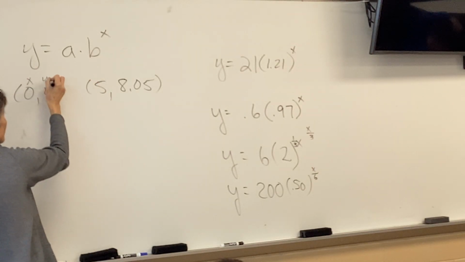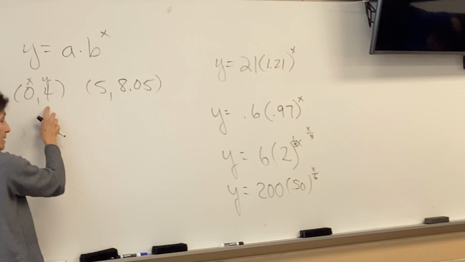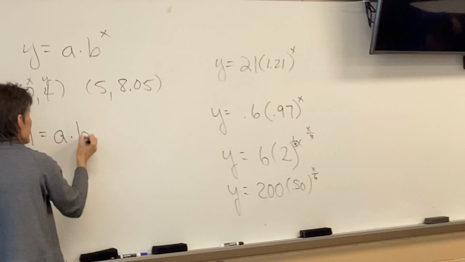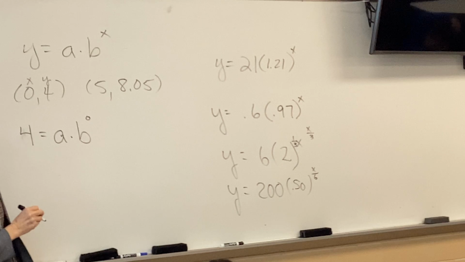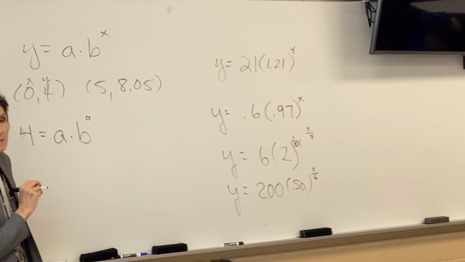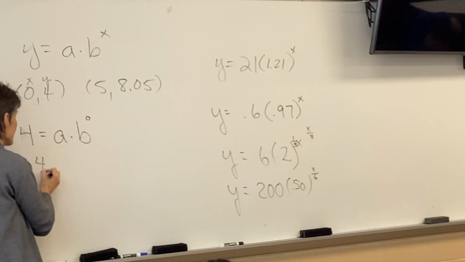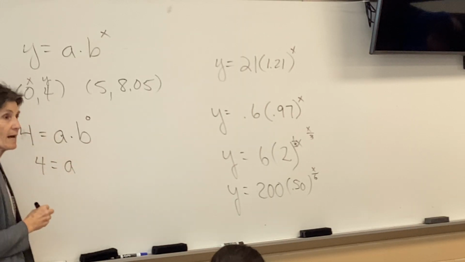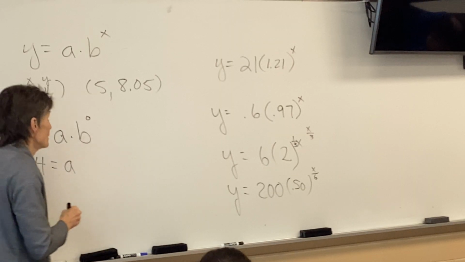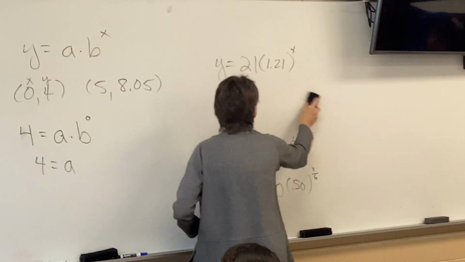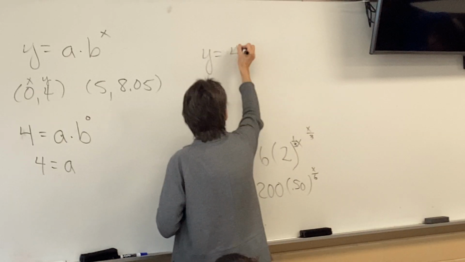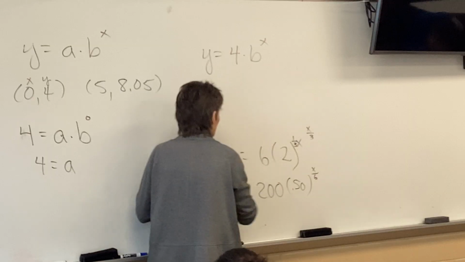Right here are 2 of them, x and y. So 4 equals a times b to the 0, but b to the 0 is 1. So this is like saying 4 is a. So at this point, I have y equals 4 times b to the x.